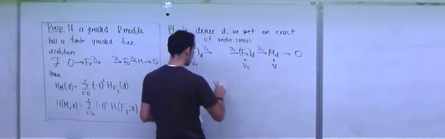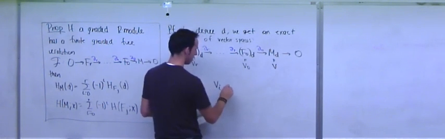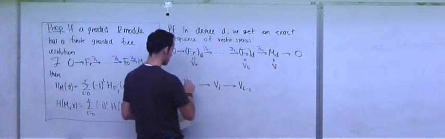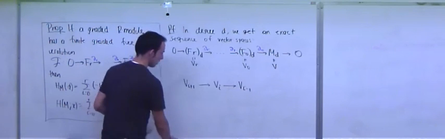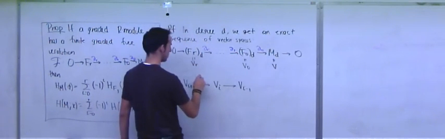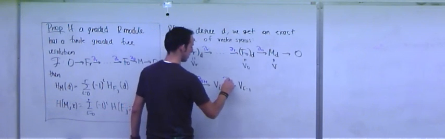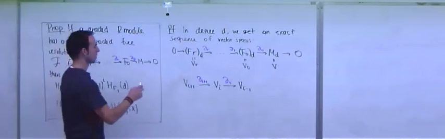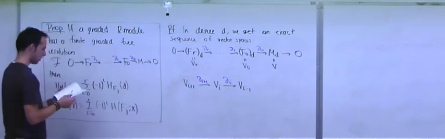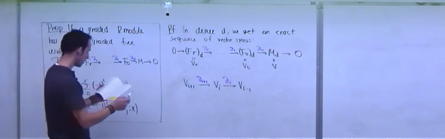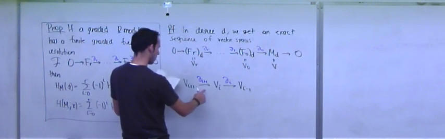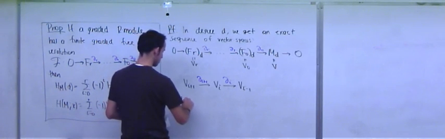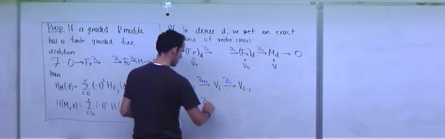I want to say that if I look at a piece of the sequence that looks like this, okay, this is delta I plus 1, and this is delta I. And so I want to say the following: what is the image of delta I?